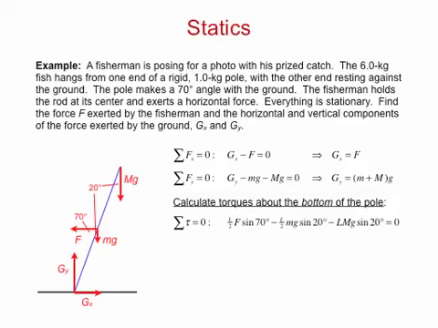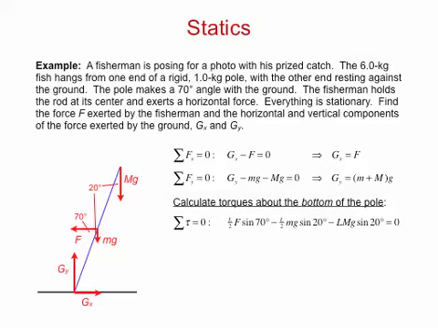Obviously, neither G sub x nor G sub y would tend to make the rod rotate about its bottom end, and thus contribute nothing to the torque about this point. Both F and little m g act at a distance L over 2 from the reference point, while big M g acts at a distance L from the reference point.